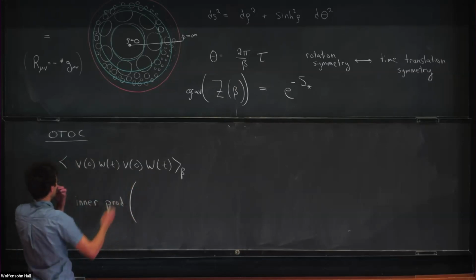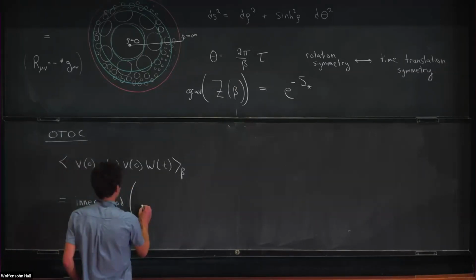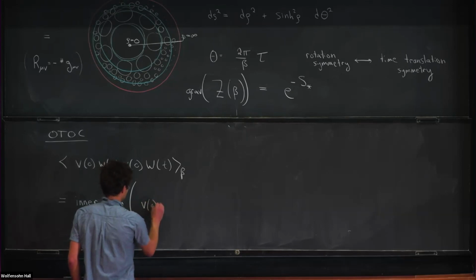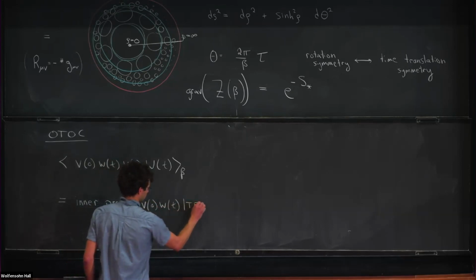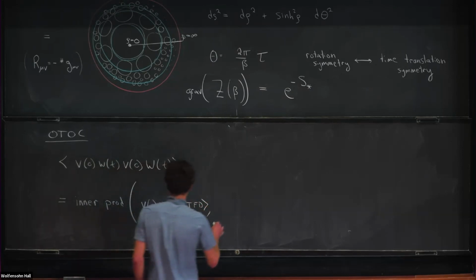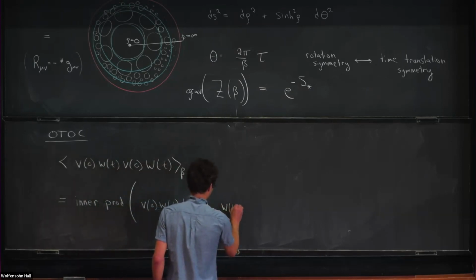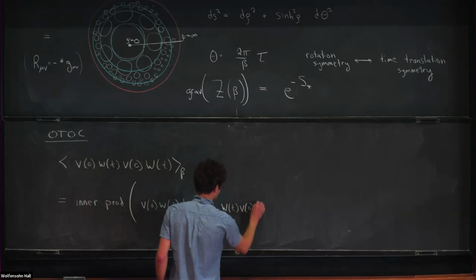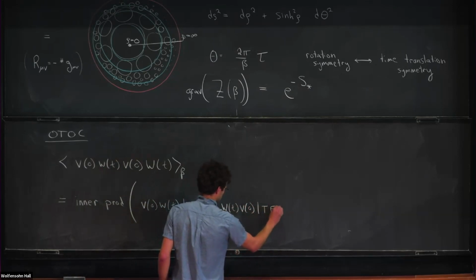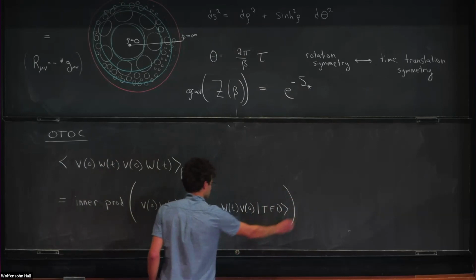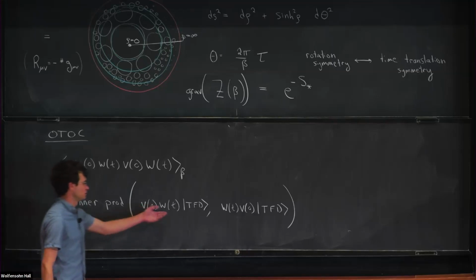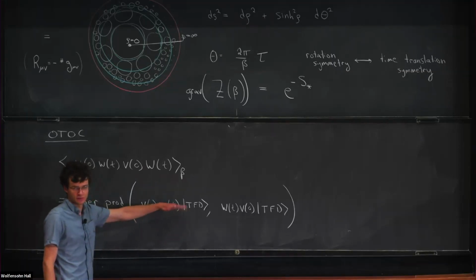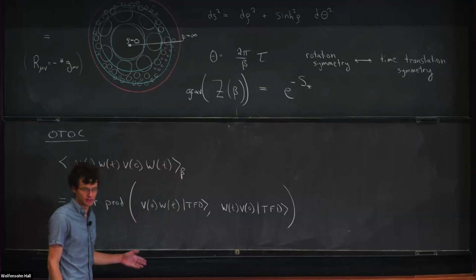Let's say V and W are Hermitian. It's the inner product of two vectors: V(0) W(t) acting on the thermofield double, and W(t) V(0) acting on the thermofield double. If W and V commute with each other, then the inner product will be, let's say, 1. Suppose we've normalized it so that it will be 1 if they commute.